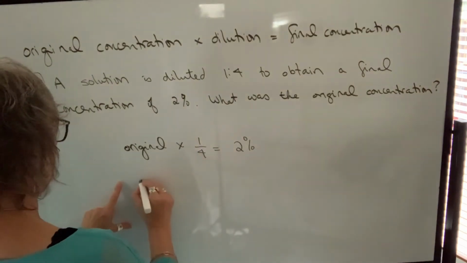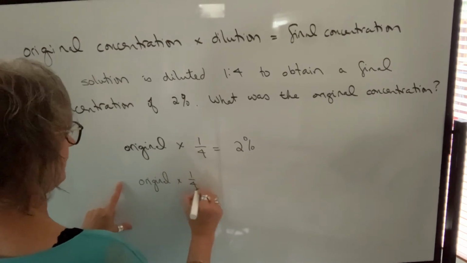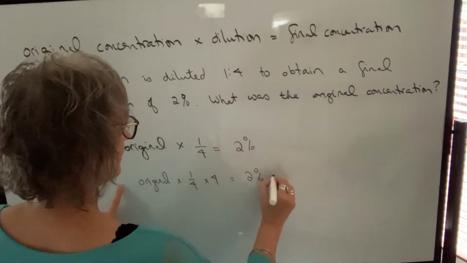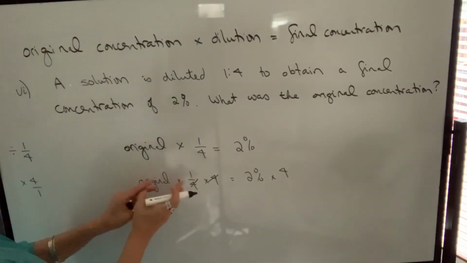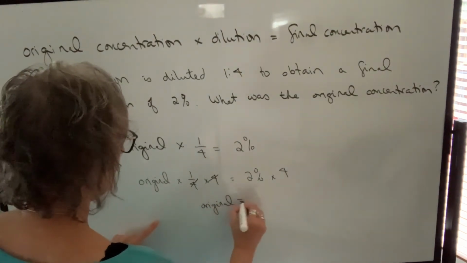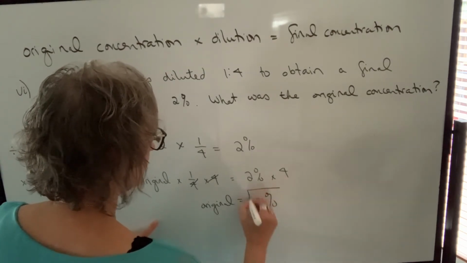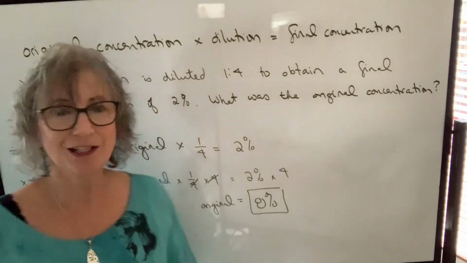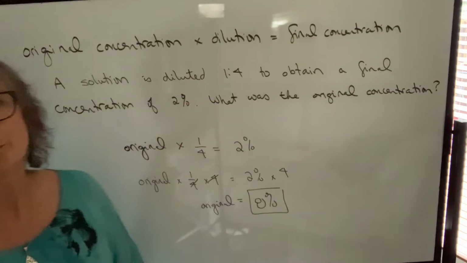So the original times 1/4 and then times 4 will be equal to 2% times 4. So here this cancels, so we're just left with the original concentration, and it will equal 2% times 4, which is 8%. So the original concentration of that solution before we diluted it was 8%, and when we diluted it 1 to 4, it became 2%.